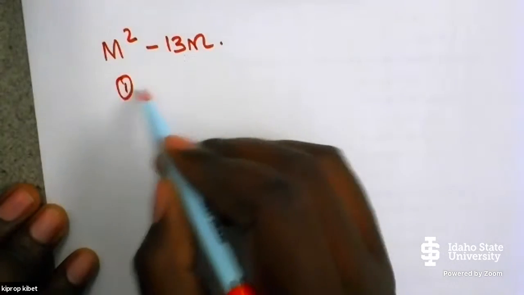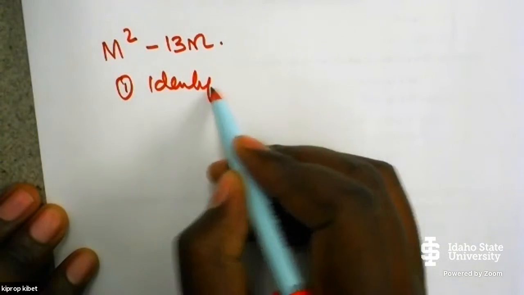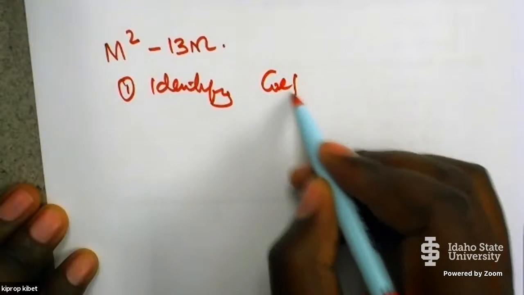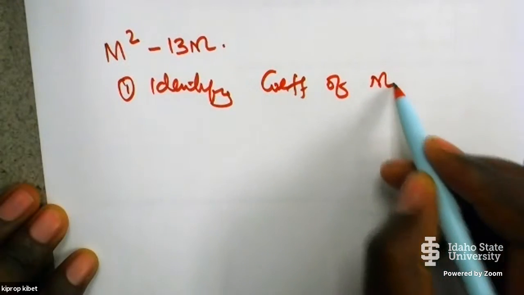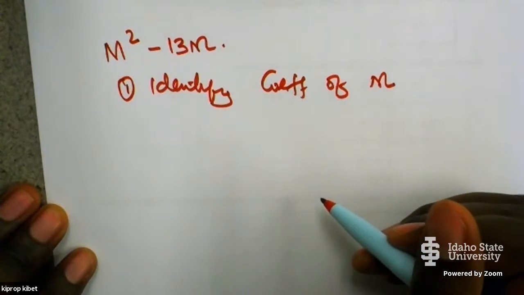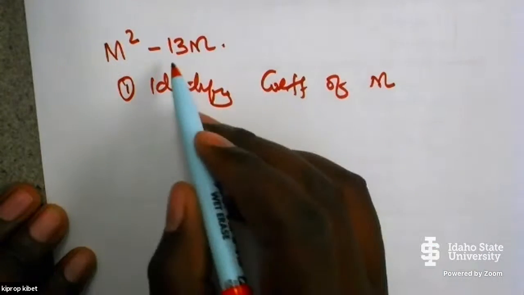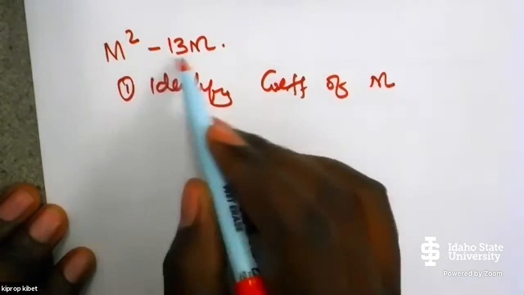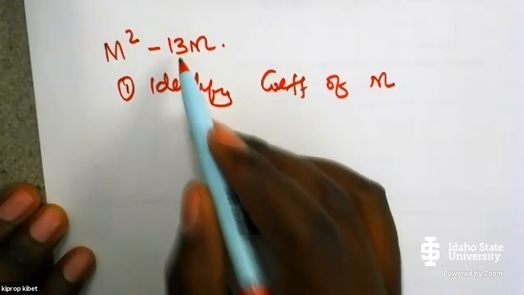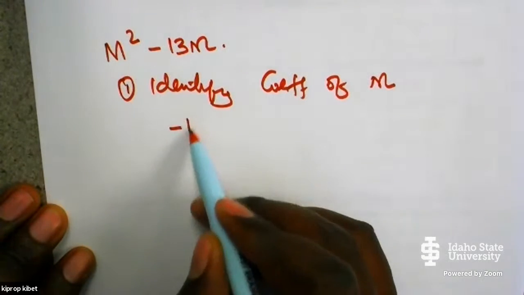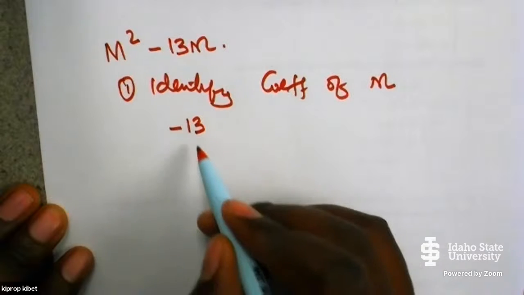So number 1, identify the coefficient of m. Our coefficient of m is negative 13. And then what do you do?